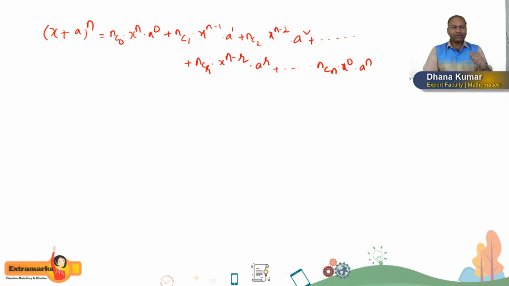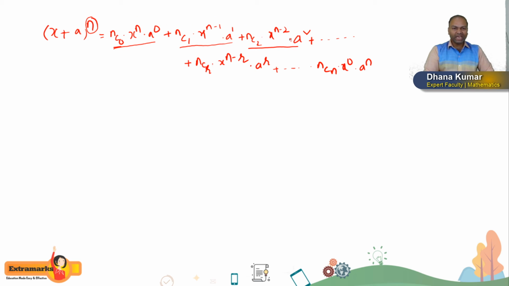Right, now observe this one. This formula, is it applicable for all values of n? No, this formula is applicable only for n a positive integer, that is, n is a natural number. In this expansion, nC0 complete this part is called one term, and this is one term.